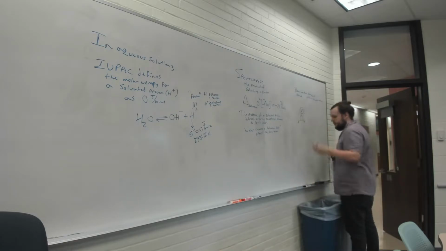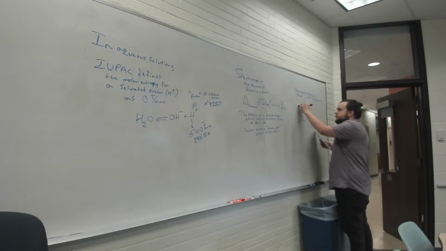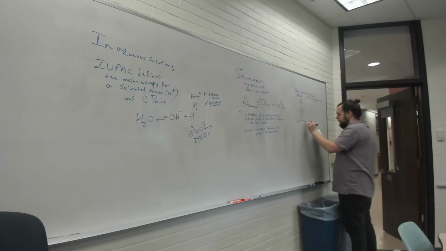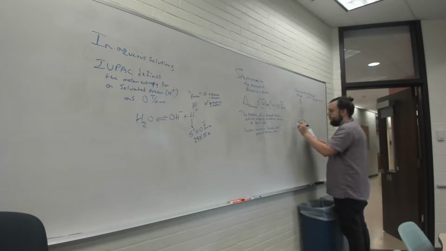This is your proton. And it hydrogen bonds to another water. See if I can draw this, like so. And this one here donates to another water, like this. And then you have another proton donor to hydrogen bonding. So it looks like this.